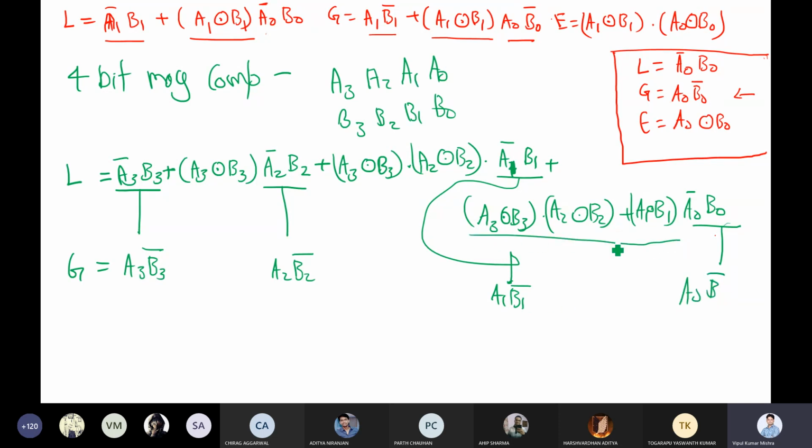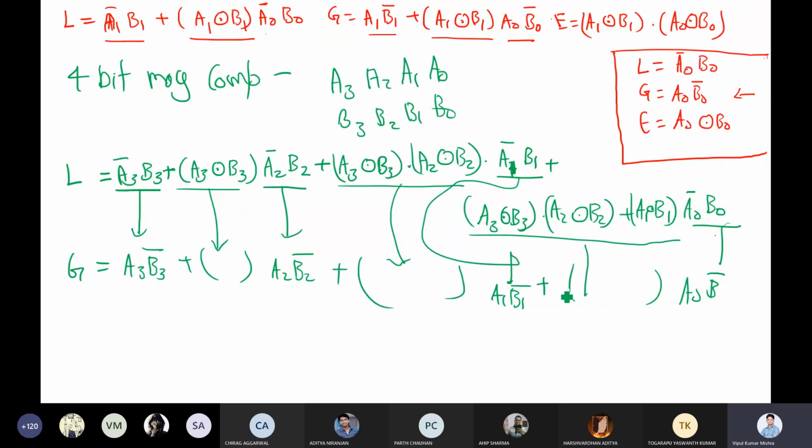The remaining will be the same. So this will come here, and you'll get the expression for the greater than.